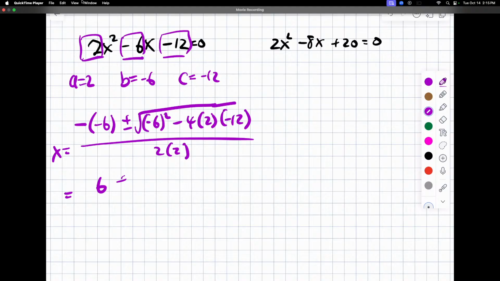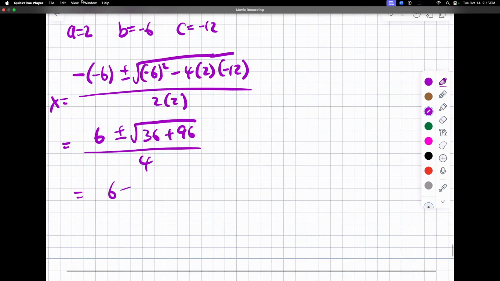Negative times -6. This is going to be 36 plus, I believe that's 96, over 4. So it'll be 6 plus or minus the square root of 132, over 4.